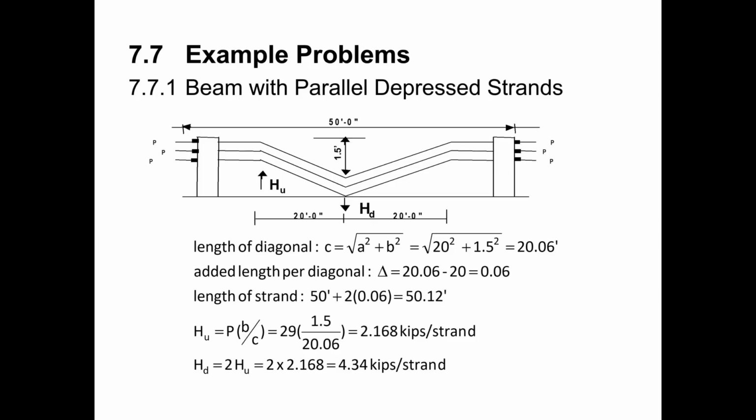So if you look in your book on page 7.17, they did this same example, but they approximated the vertical force, whereas we calculated it exact. So they got 2.175 and 4.35, whereas we got 2.168 and 4.34. So you can see in this instance, the approximation was pretty close.